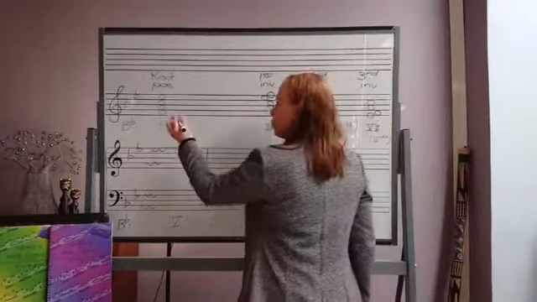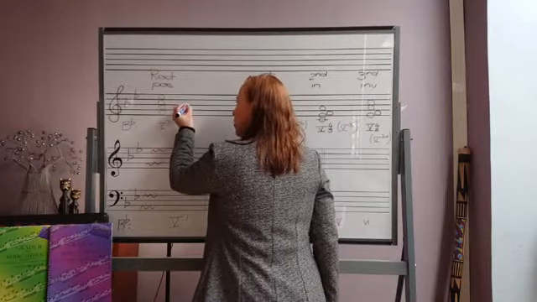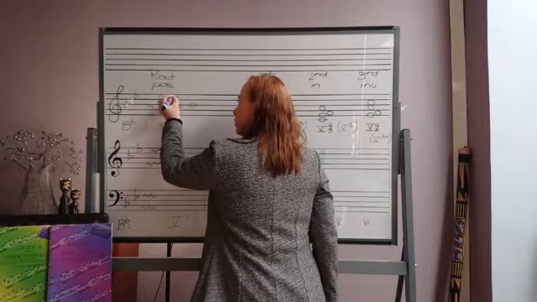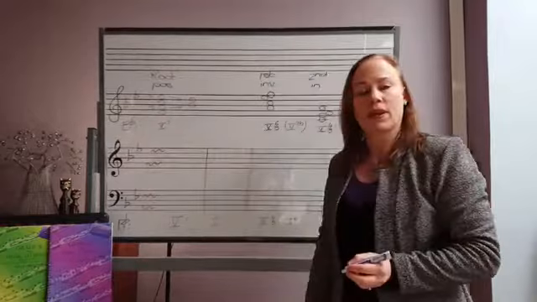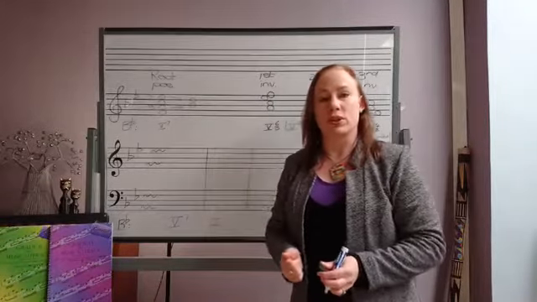Always with a quartet, you are going to resolve the third upwards, and the 7th you are going to resolve downwards. So it's the leading tone, and it goes to the tonic.